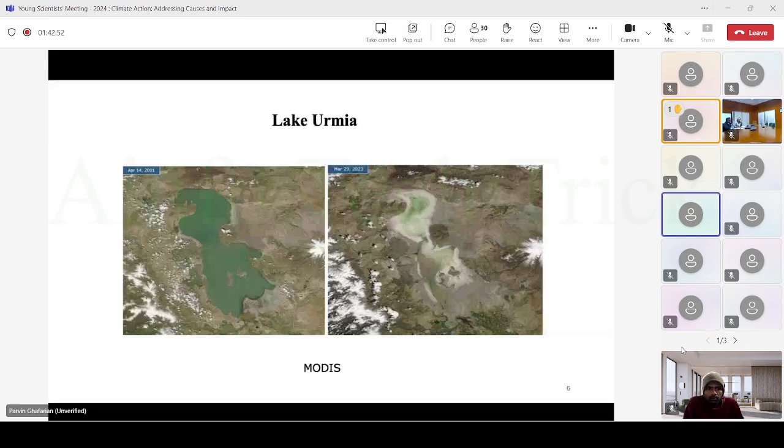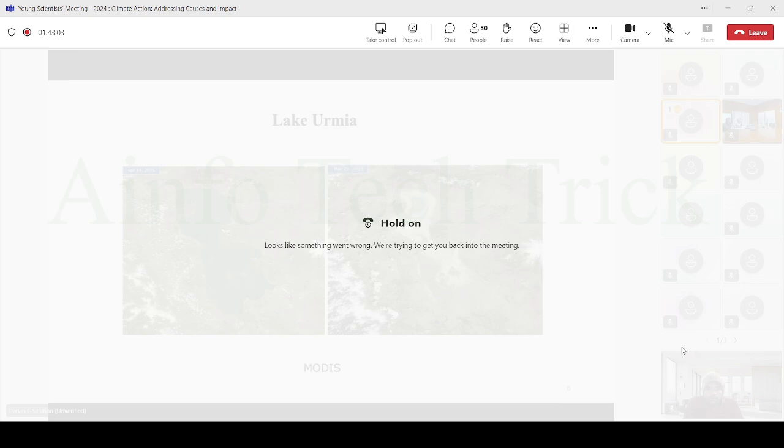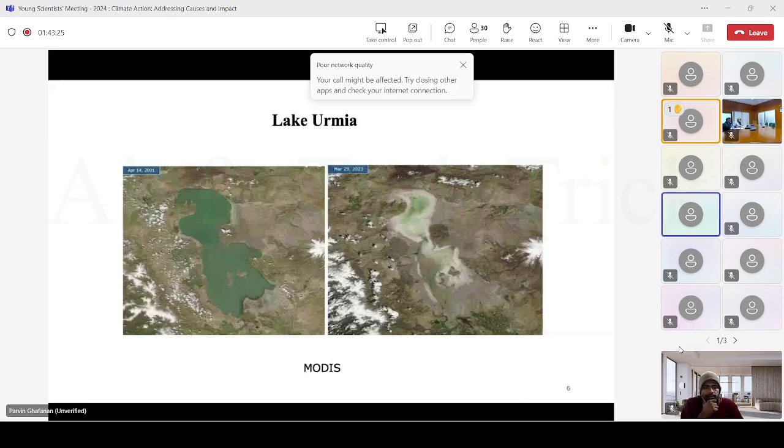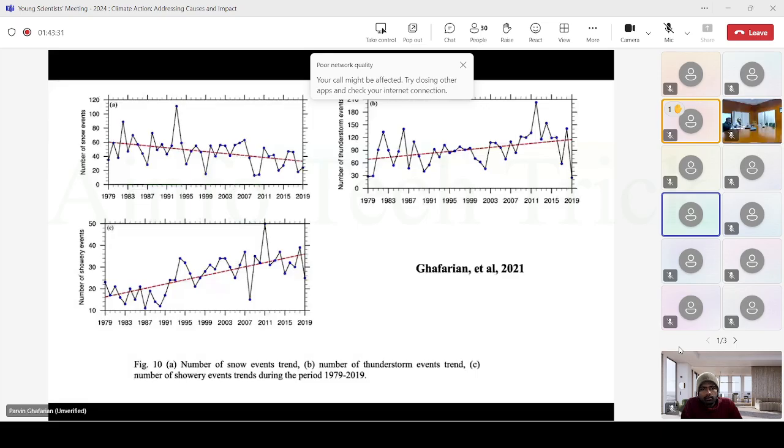The trend of snowfall in the Lake Urmia basin, in the number of showery rainfall, indicating a change in the precipitation pattern in the Lake Urmia basin.